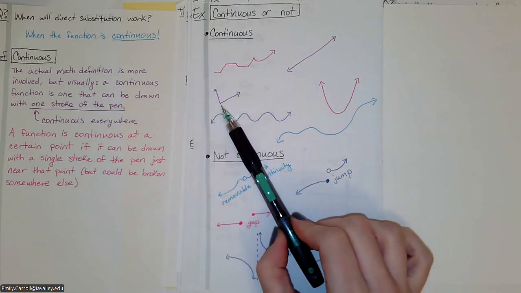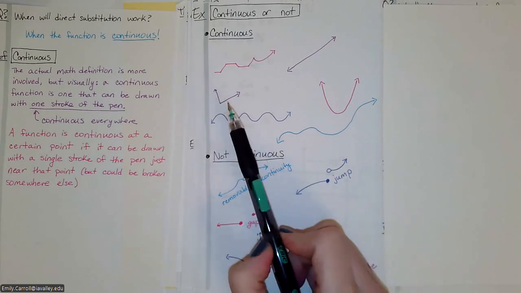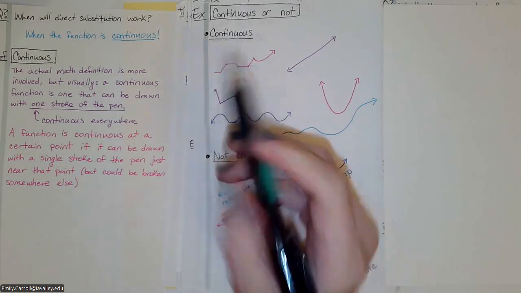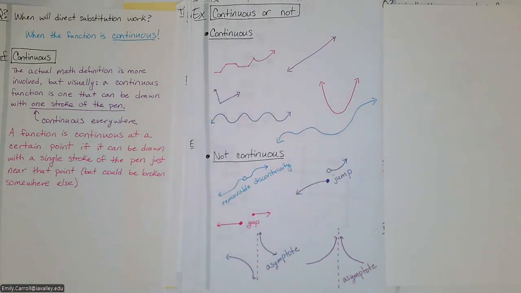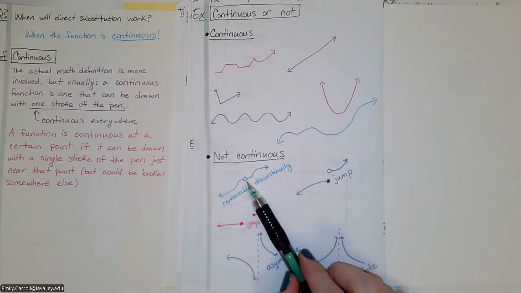That looks like some kind of crooked absolute value. That's continuous everywhere, even though it's got that pointy spot right there. That's not a discontinuity. I can still get through that without lifting my pen, right? Not continuous would be when you have a removable discontinuity, a little spot that divides by 0 until you try to factor and cancel.